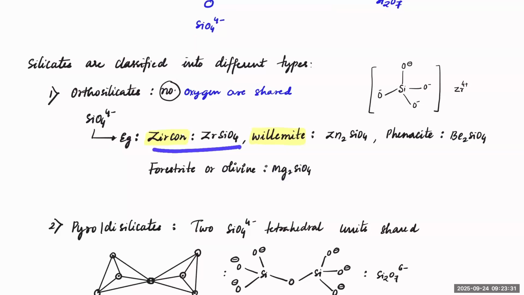With zirconium, we call it zircon. With zinc, it is called willemite. Beryllium, it is called phenacite. And with magnesium, the silicate which is formed is olivine or forsterite.